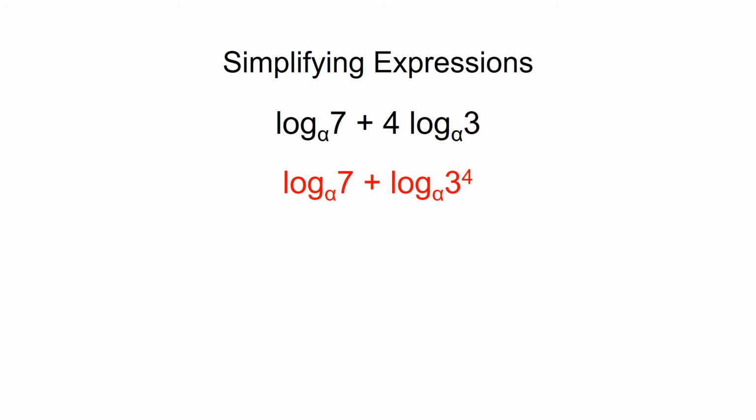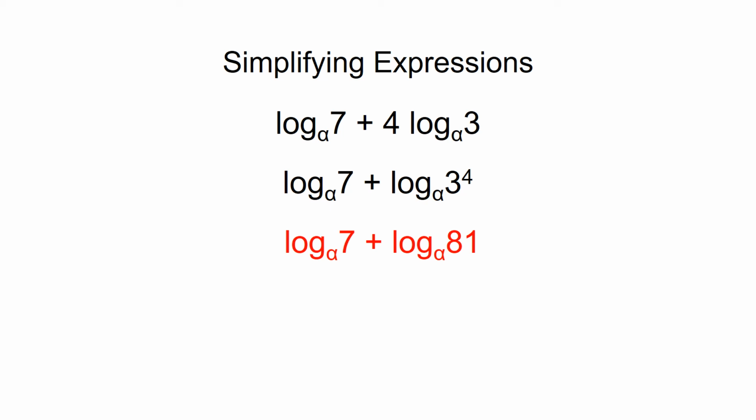The first thing we're going to do is look at the second term. We can take that 4 that the log base a of 3 is multiplied by, and then we can put it inside the log, and now we have log base a of 3 raised to the 4th power. The first term, log base a of 7, doesn't change, not right now. So now, looking at the second term, we have 3 raised to the 4th power. That's 81.